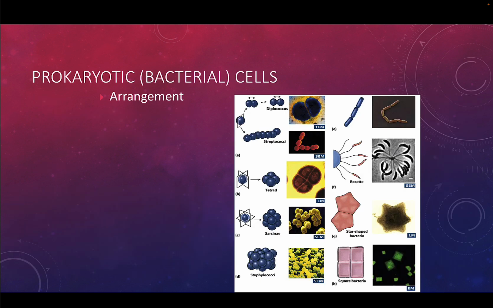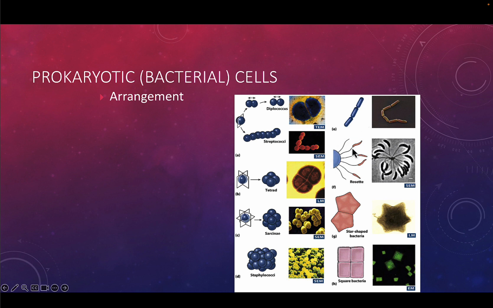We also have different arrangements of microorganisms. They can be found in chains, and we call a chain a streptococcus, like Streptococcus pyogenes, which causes strep throat. They can be found in groups of 4, in clumps, or in big clusters like Staphylococcus, like Staph aureus, which is MRSA. Bacillus cells can also be found in chains.